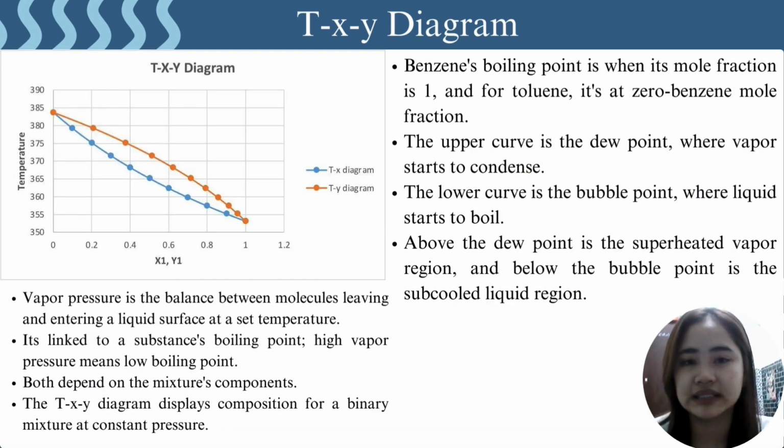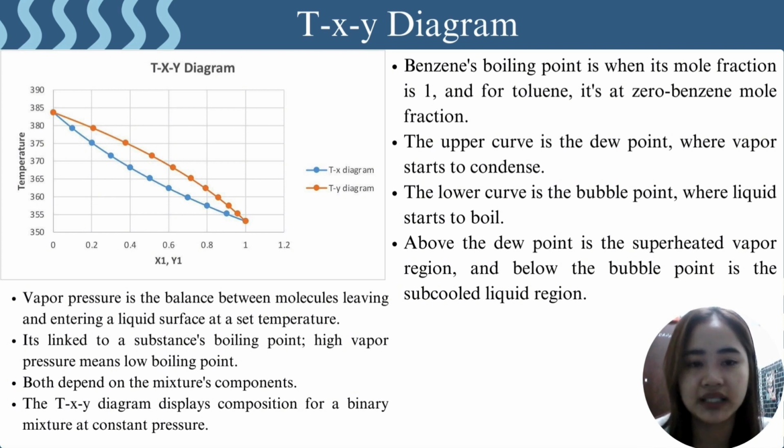Vapor pressure is the balance between molecules leaving and entering a liquid surface at a set temperature. It is linked to a substance's boiling point. High vapor pressure means low boiling point. Both depend on the mixture's components. The TXY diagram displays composition for a binary mixture at a constant pressure.